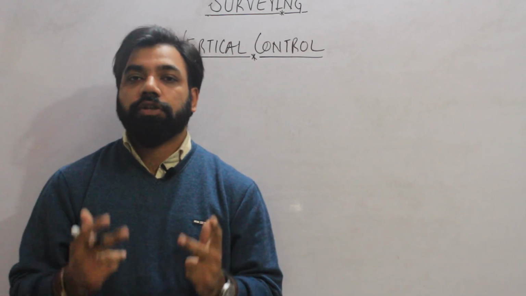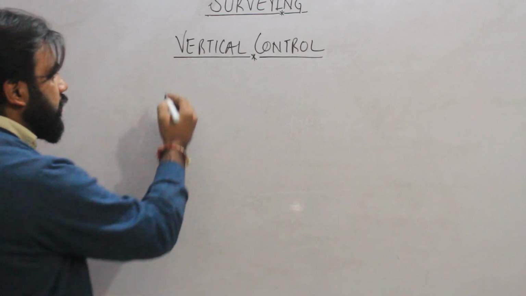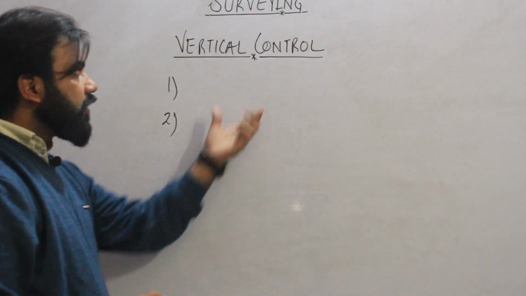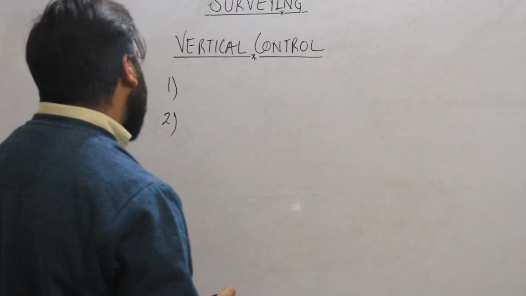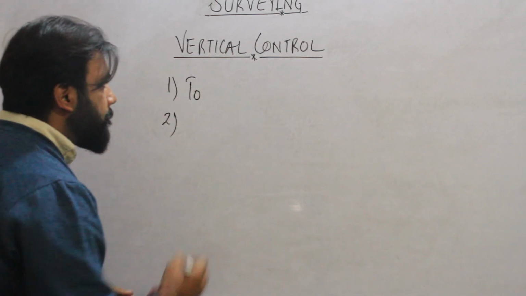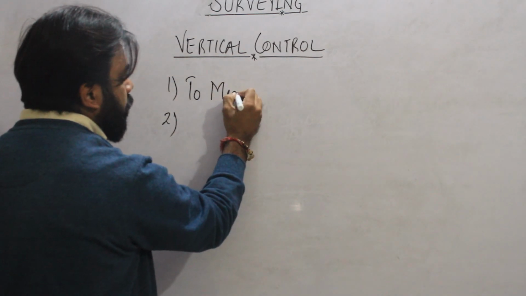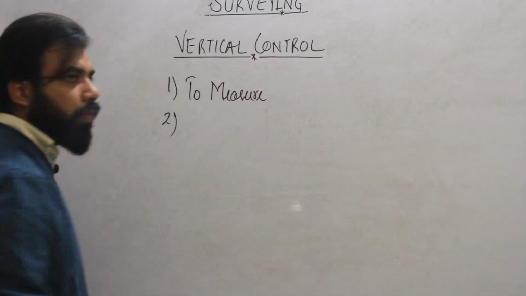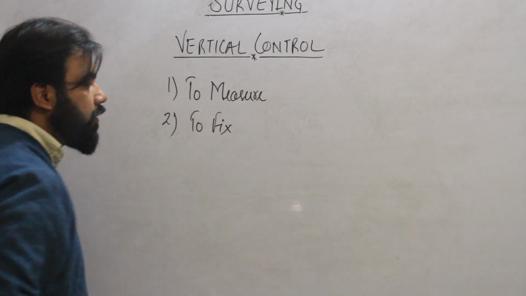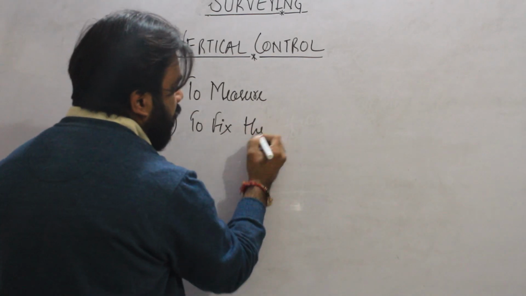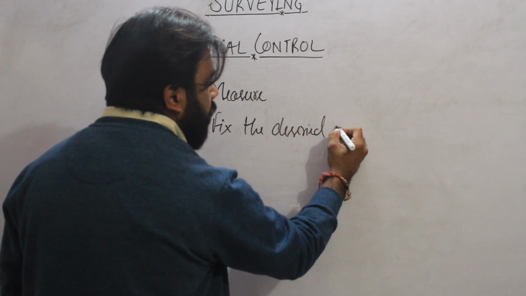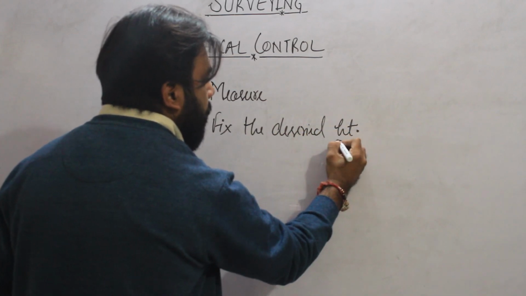Vertical control defines 2 points, first and second. First is to measure, and second is to fix the desired height.